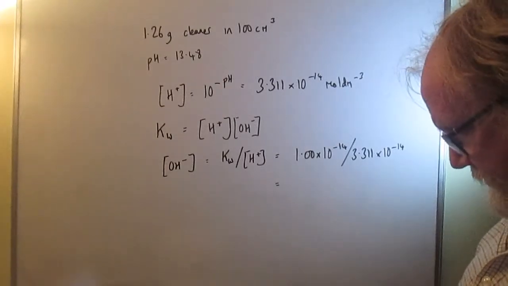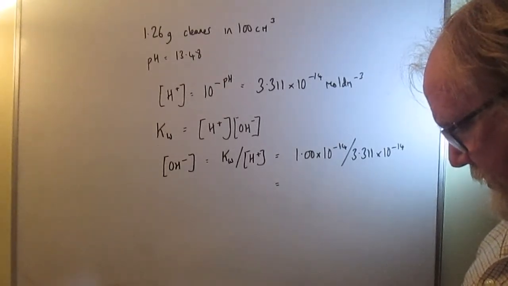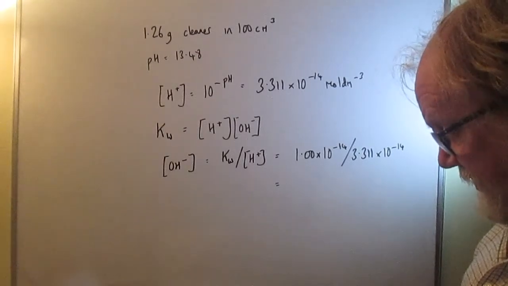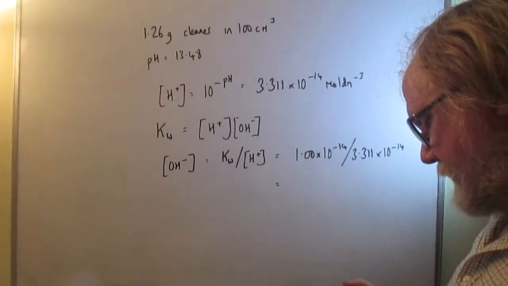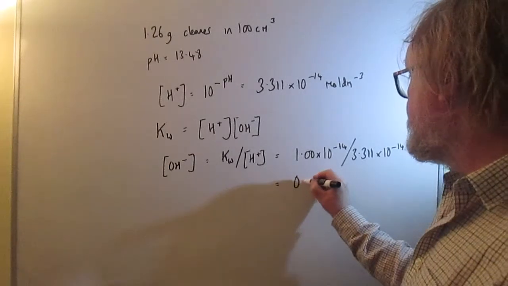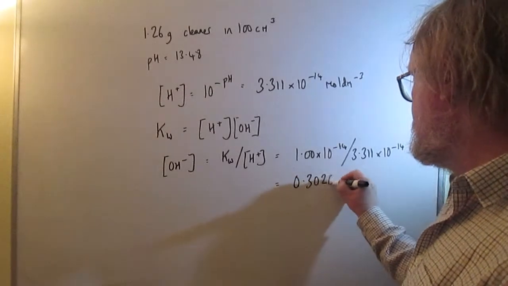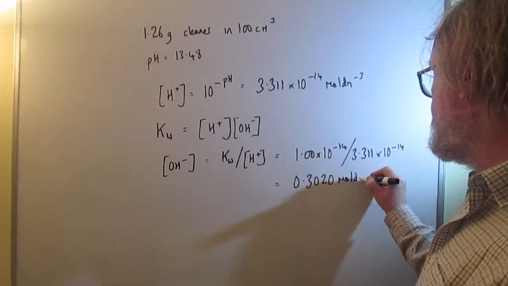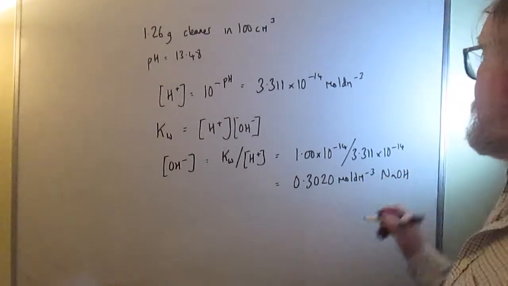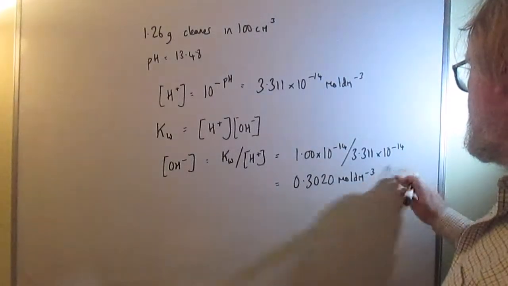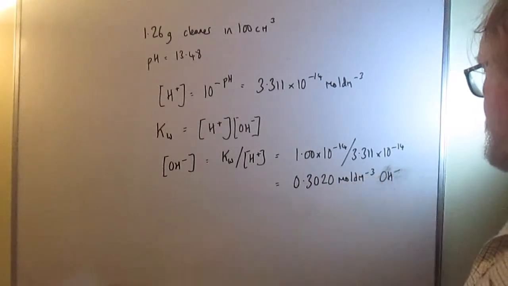We divide by 1 times 10 to the minus 14 and that equals 0.3020 moles per dm cubed. NaOH, or OH minus at least, is what we've actually calculated.